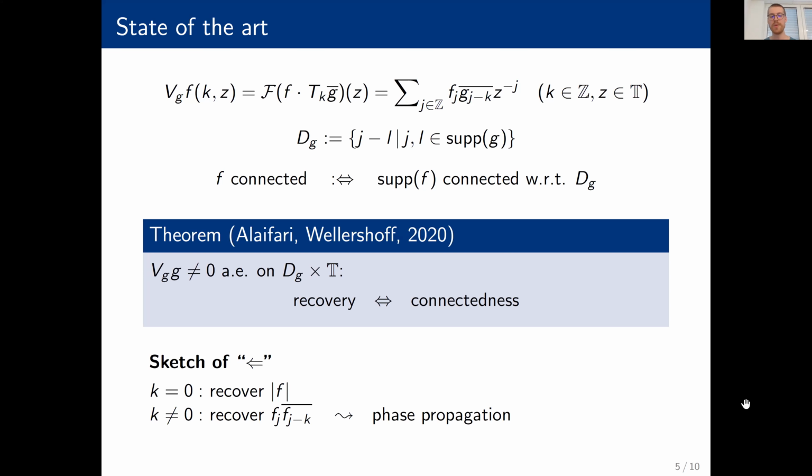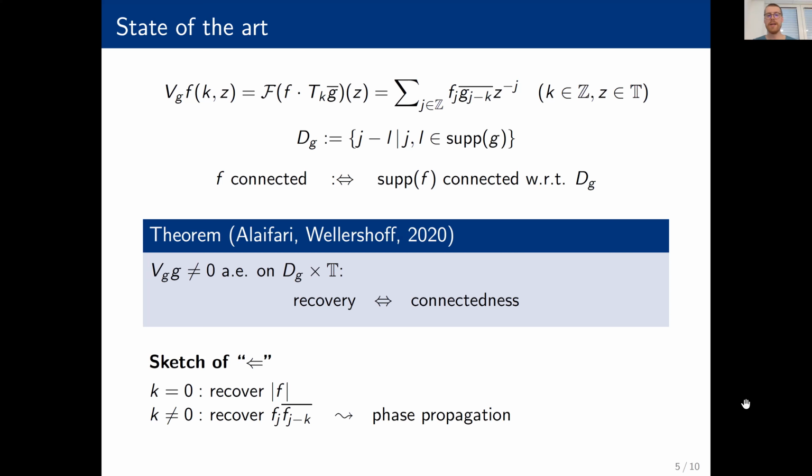And since we assumed that the support of F is actually connected, this means that starting at one given entry where we chose the phase, we can just walk around the support by using just these shifts in DG and relate the phase starting from this one entry to all of the support. So this is the strategy how we can recover the signal and the phases, especially when we are in the best possible case where VGG is non-zero almost everywhere on DG times the torus.